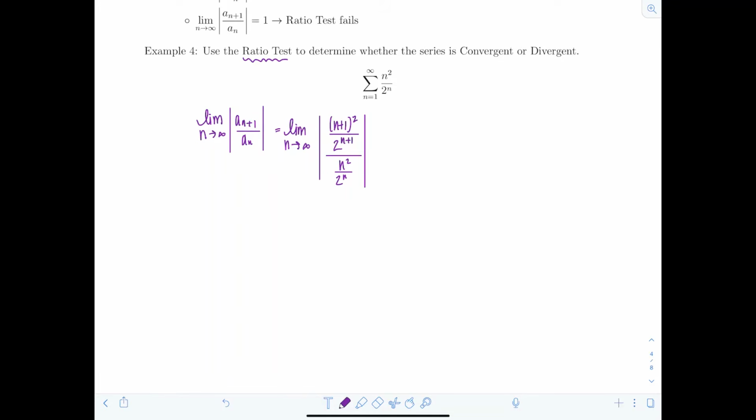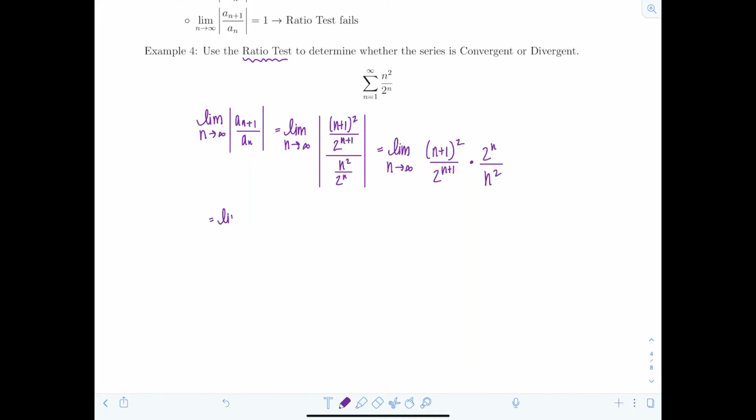Now I don't really need these absolute value bars. None of the terms are negative here, so I can just drop them, and I'm going to rewrite this as the limit as n approaches infinity of n plus 1 squared over 2 to the n plus 1, times, now 2 to the n is going to flip up to the numerator here, over n squared. Now I want to simplify this expression before I evaluate the limit.